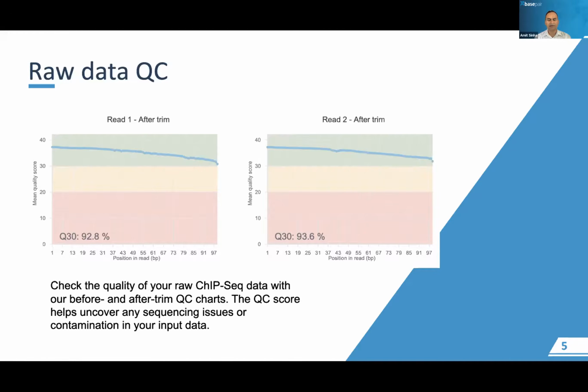And it is very important for biologists to look at these figures because they can indicate if there has been any issues in the sequencing, where the data quality was not good. And then we also do a trimming where we trim away bases which have a low quality score.